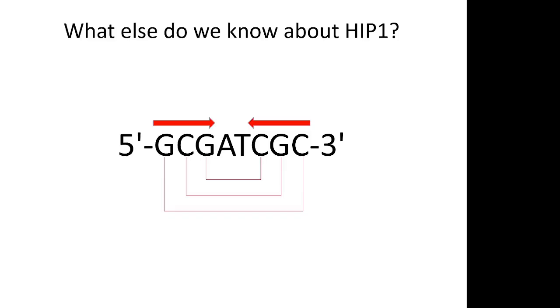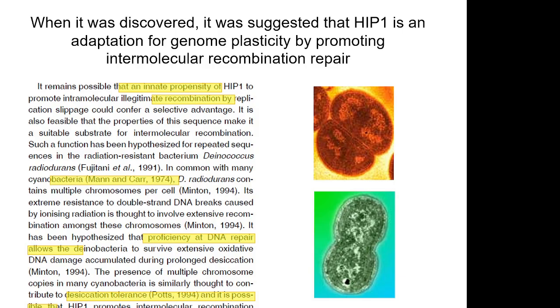Well, okay. What else do we know about these sequences? When they were first characterized in the 1990s, it was suggested that highly iterated palindromes like HIP1 are an adaptation for genome plasticity by promoting intramolecular recombination repair. In a similar way as Deinococcus radiodurans repairs its genome, it is known that it has several genome copies and uses those copies to repair the genome, and that way it can resist desiccation and radioactivity.